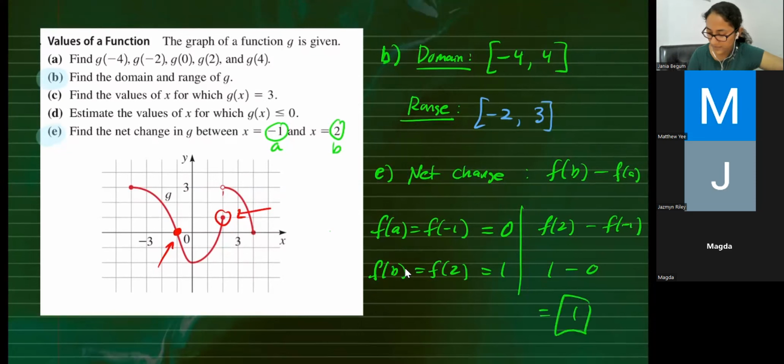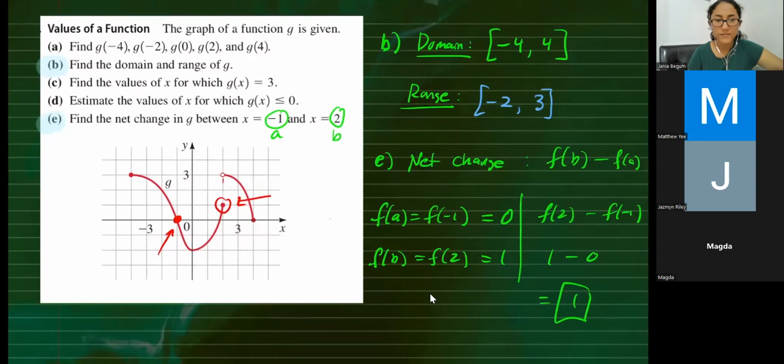So that's your net change between -1 and 2. So simply use the formula from 2.4 to find net change and then average rate of change as well. Let me know if this makes sense. All right. So let me know if you guys have any other questions you would like me to go over. We still have a couple more minutes left.